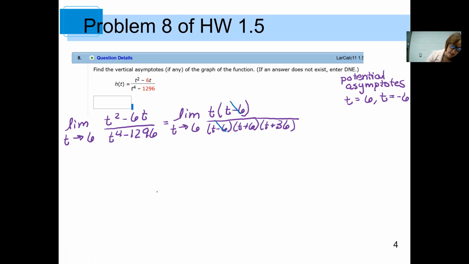So the t minus 6's will cancel. And we get the limit as t approaches 6 of t over t plus 6, t squared plus 36.